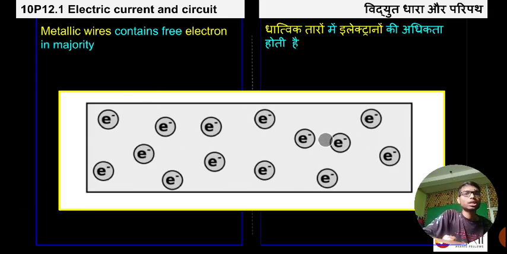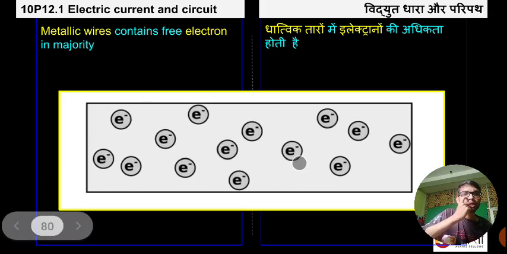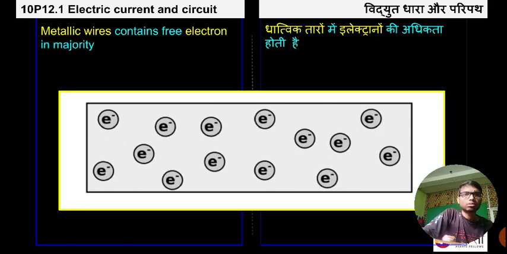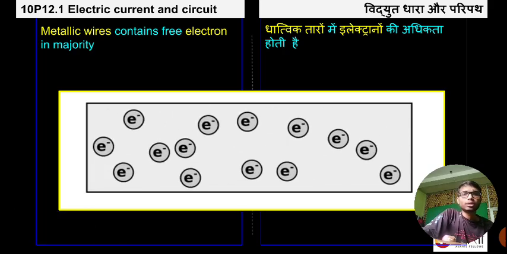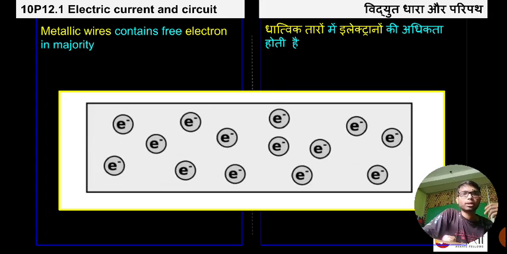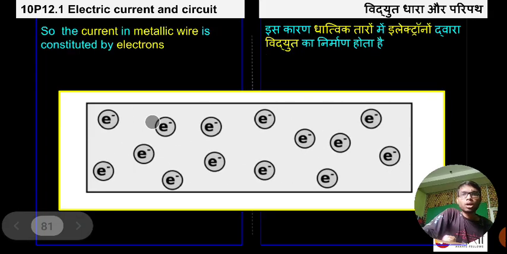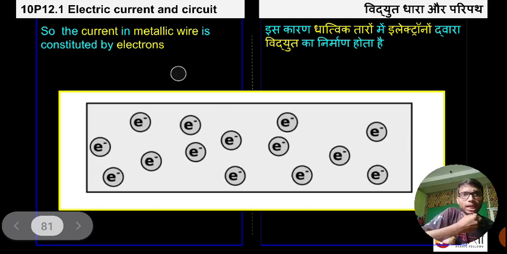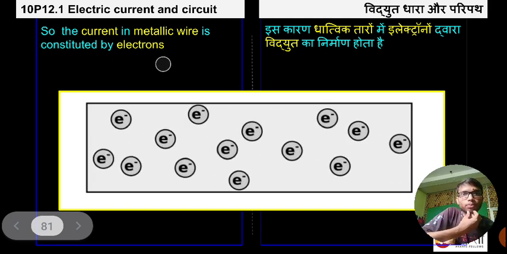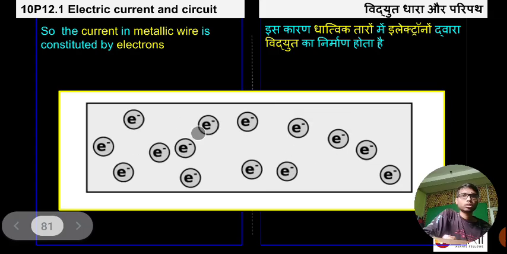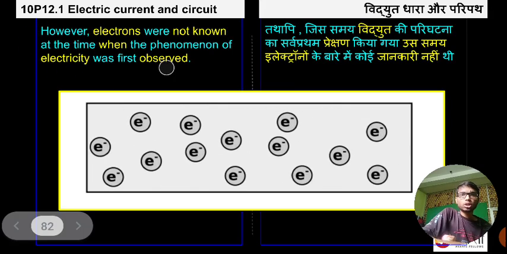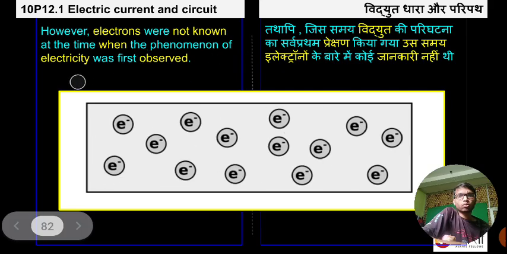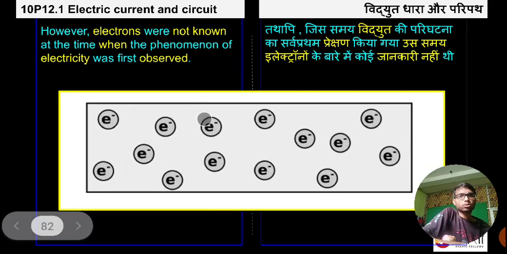All these are electrons which are in metal. We know that they are free to move in a conductor. So the current in a metallic wire is constituted by electrons. However, electrons were not known at the time when the phenomenon of electricity was first observed.